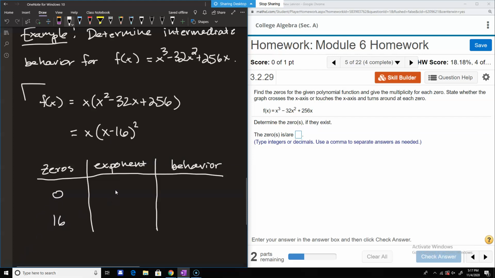So the exponent next to the x is 1, and the exponent on the x minus 16 factor is 2. So 1 is odd, so we get the cross behavior there, and 2 is even, so I guess we'll call this bounce. It touches the x-axis and turns around there. So the zeros are 0 and 16.